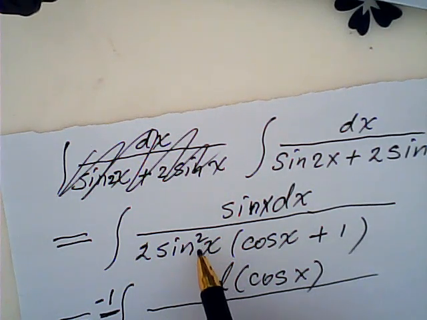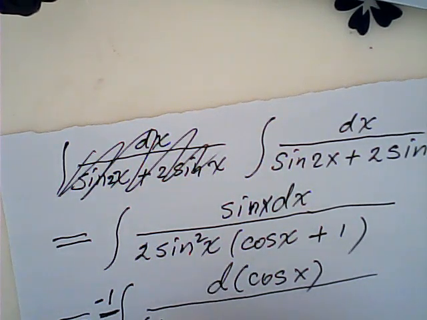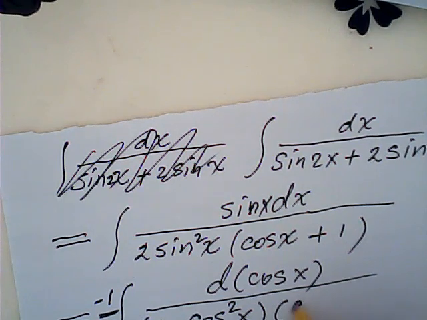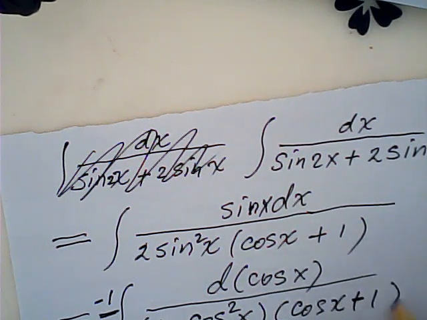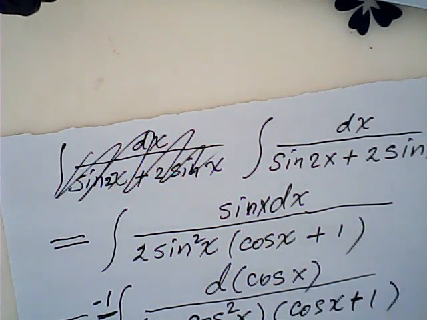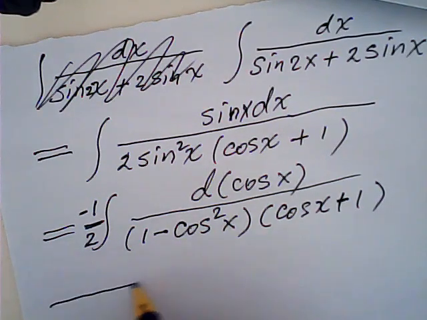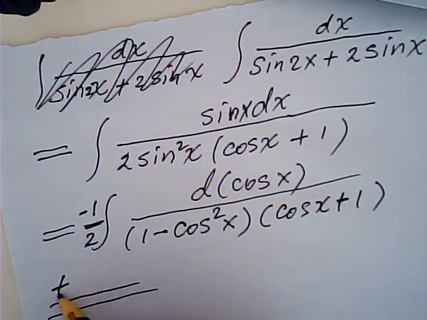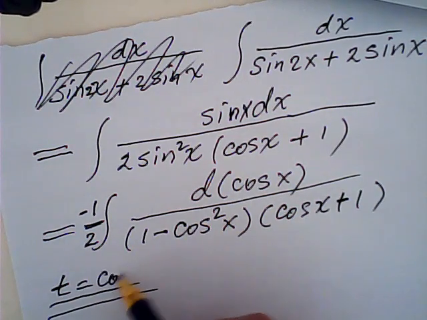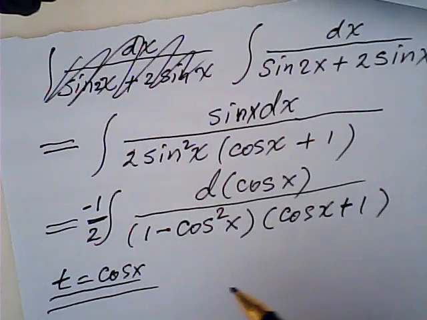This is 1 minus cosine square x. This becomes cosine square, cosine x plus 1. So now everything is in cosine, so I can replace cosine by a new variable t. T is equal to cosine x.